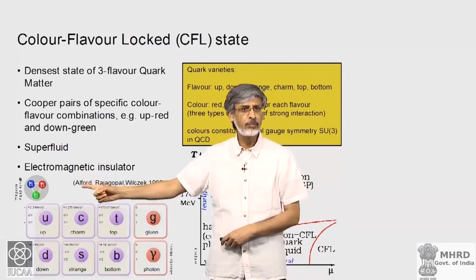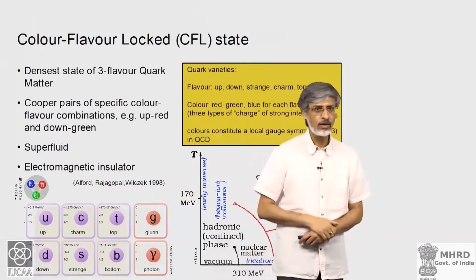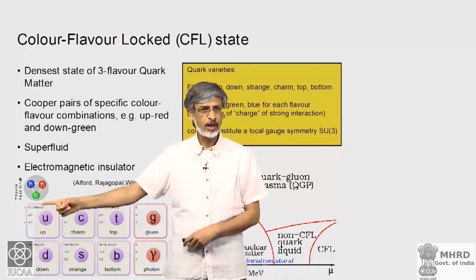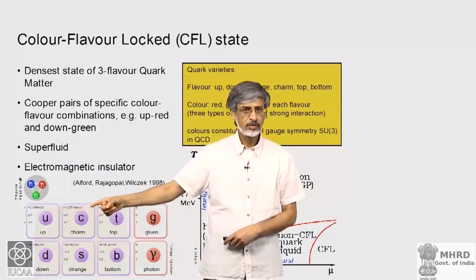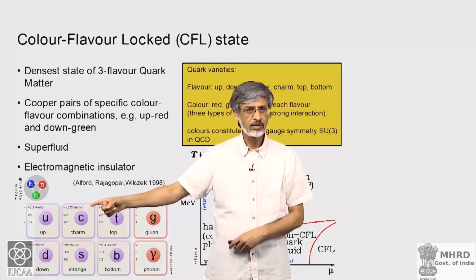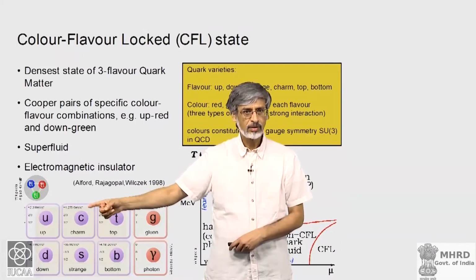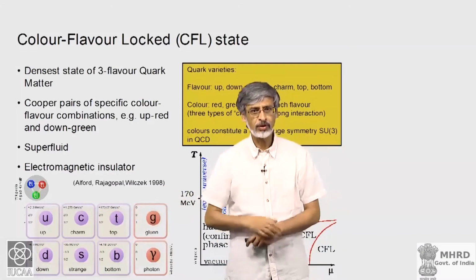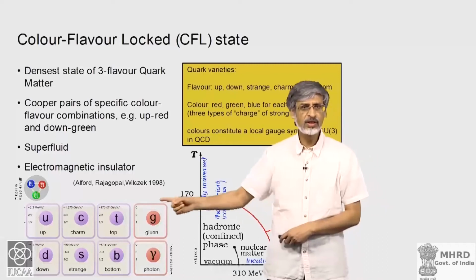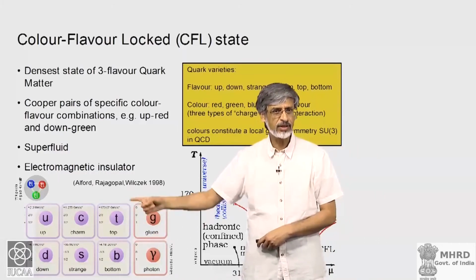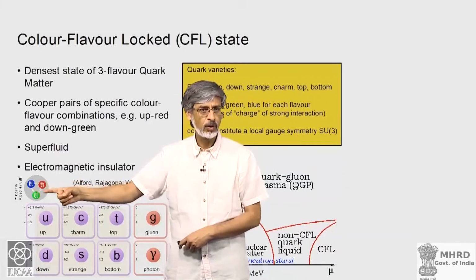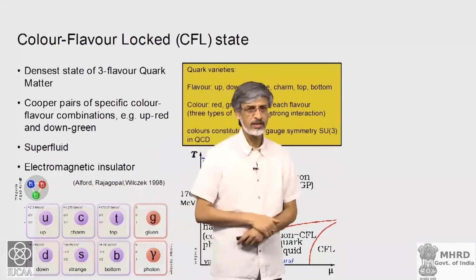So, red, green, blue are the 3 color states of any quark, and these are the flavor states: up, down, then strange, charm, bottom, top and so on. So, these are the flavor families, and these colors are the 3 quantum chromodynamics color states.